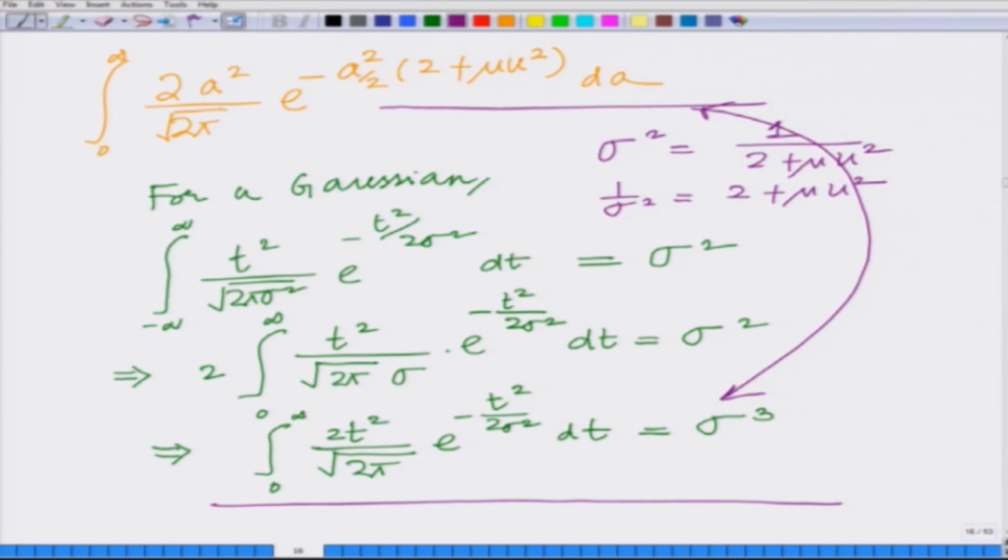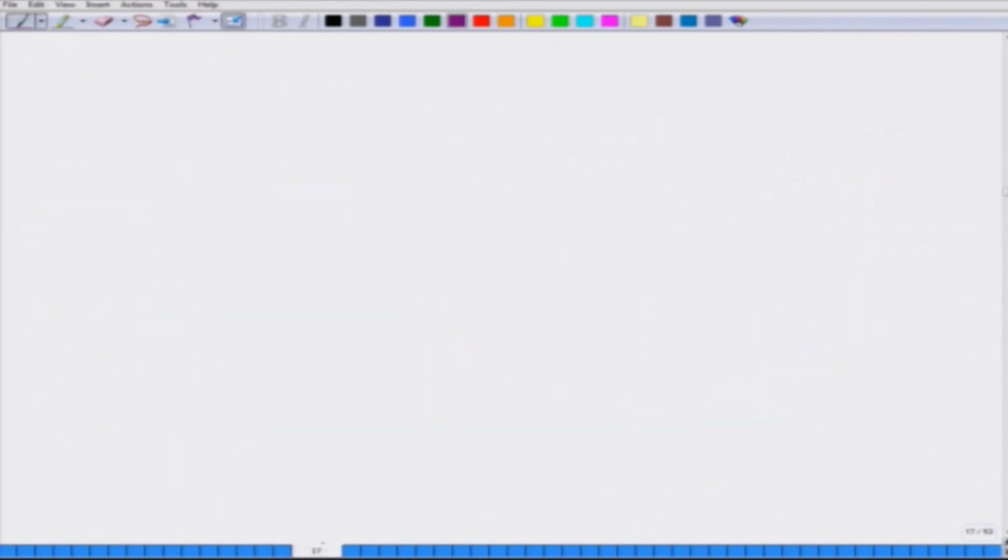Therefore, this integral is equal to sigma cube, which is equal to 1 over 2 plus mu u square raised to the power of 3 by 2.